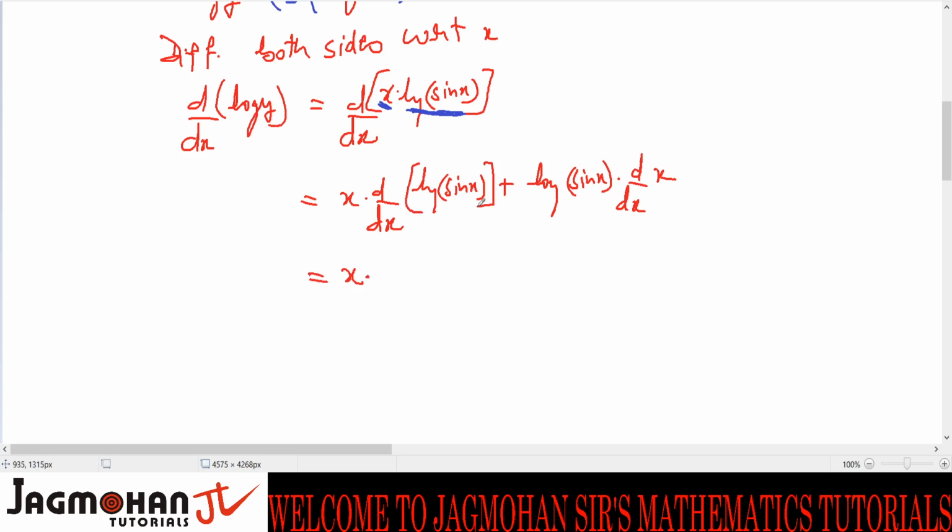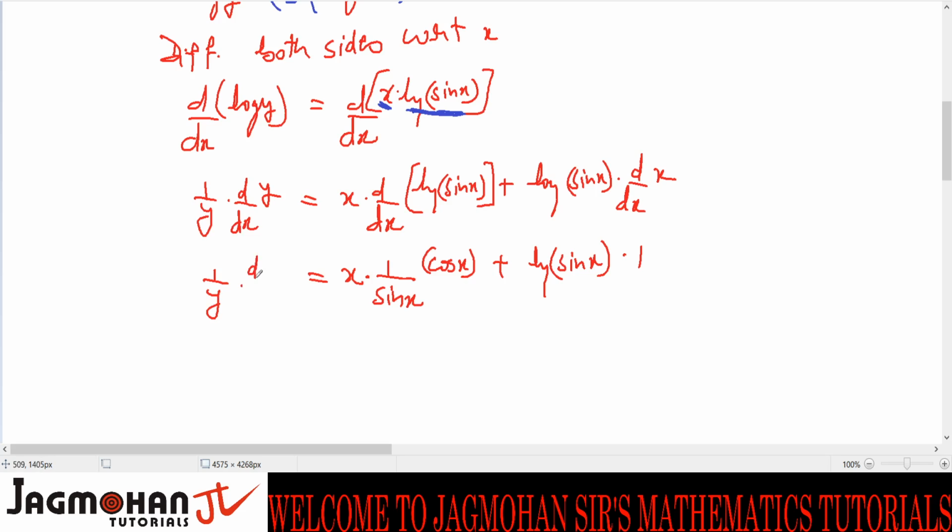This is log f of x, so it will be 1 upon sine x into derivative of sine x, which is cos x, plus log of sine x, d by dx of x is 1, into 1. And the left hand side, here you will get 1 upon y d by dx of y.